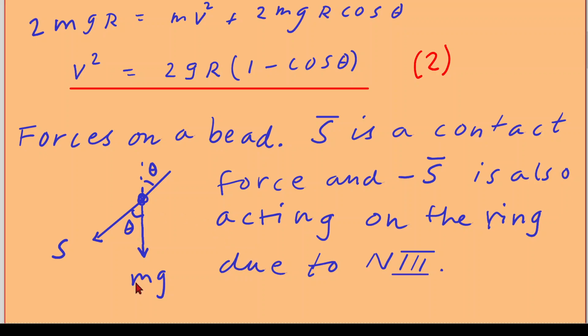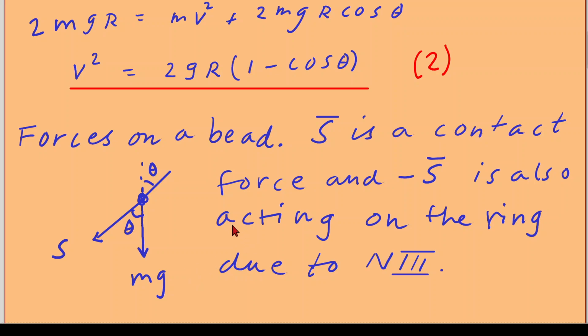We have the gravitational force mg, and when it's moving fast in the circular orbit, the ring will force the bead to move in a circular orbit, and then the ring must produce a force S on the bead in order for it to go in a circular motion.